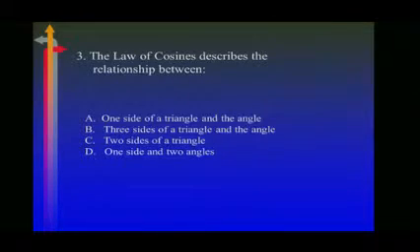A, B, C, D. No calculations here. We talked about it last time. Which one is true? One side of a triangle and an angle, three sides of a triangle and an angle, two sides of a triangle, one side and two angles. Which one?